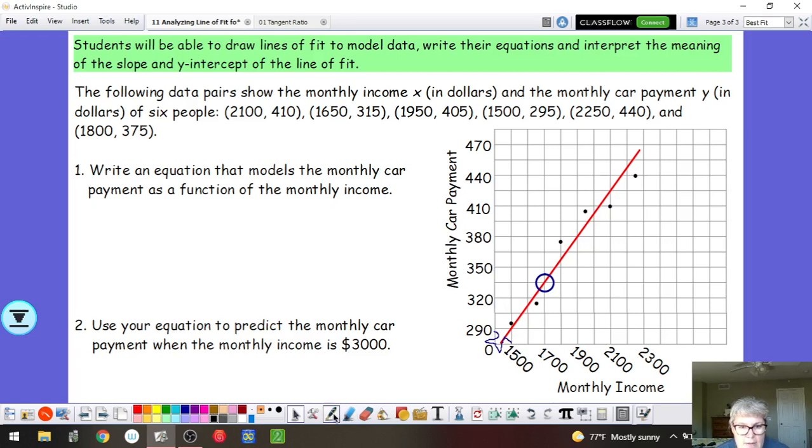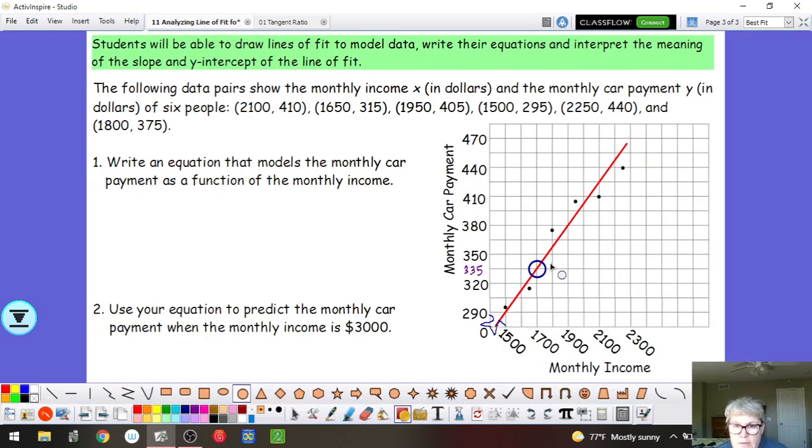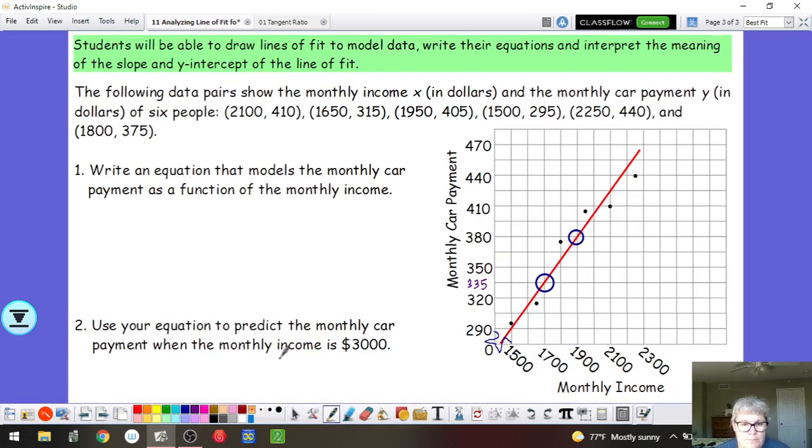So if I write in that number there, this is going to be 335. And then I have another grid point. If I follow my line from there, I have another one right here. So at 1900, 380. So let's find our slope.